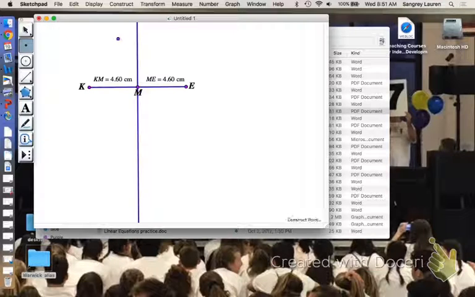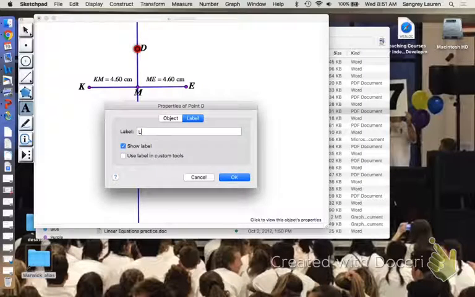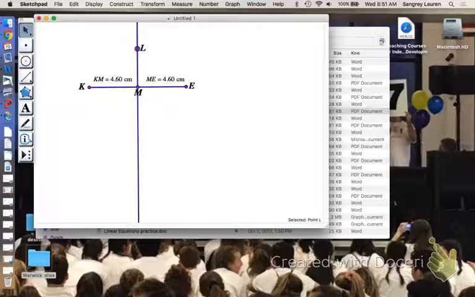So let's put another point up here. I'm going to call it point L. Now, I want to, sorry guys, it paused. So I'm going to measure one of these angles here, and the computer needs to know exactly which angle I'm talking about. So I have to name my angle with 3 points, just like we do when we're talking about them.